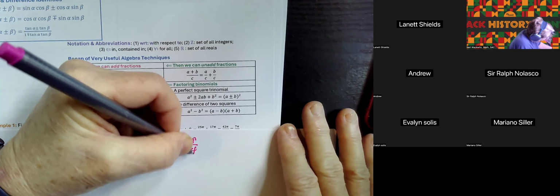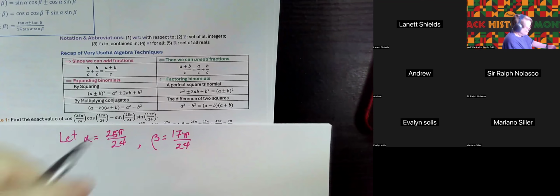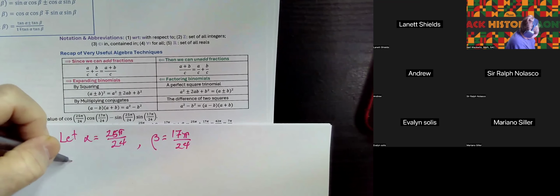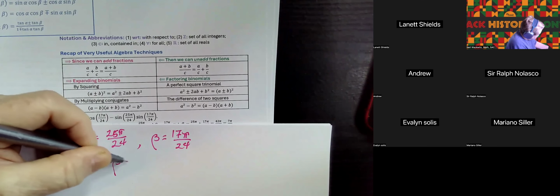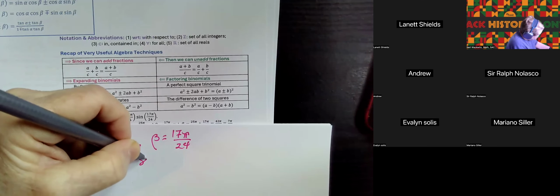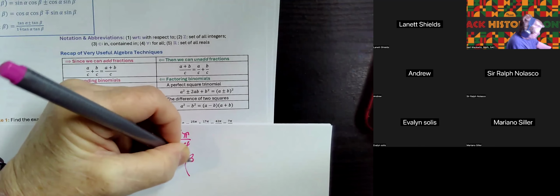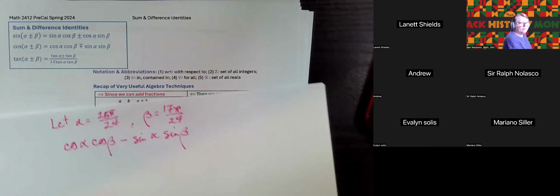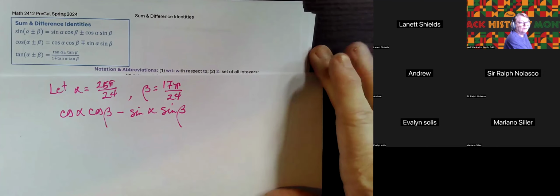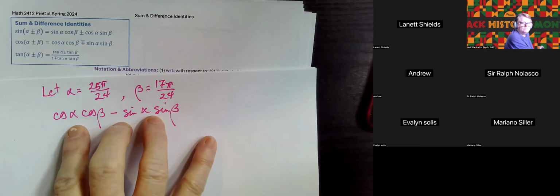And using alpha and beta, this pattern is cosine alpha, cosine beta, minus sine alpha, sine beta. And which of the identities fits this pattern?